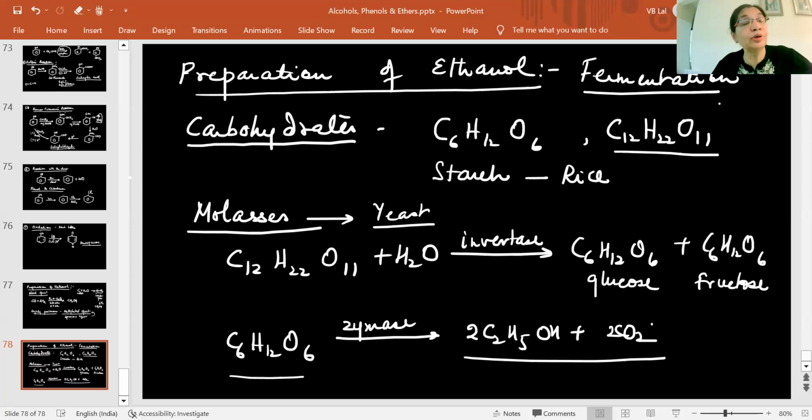So carbohydrates on fermentation, you can prepare alcohols. You can use grapes. Grapes can be converted into an alcohol which is sold by the name of wine. You can use grapes, you can use rice, you can use potatoes.